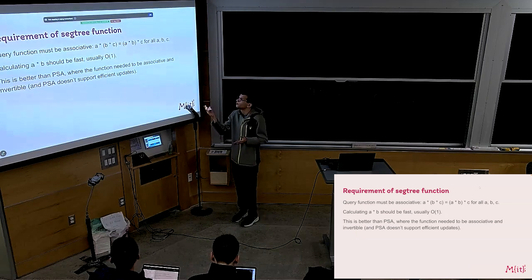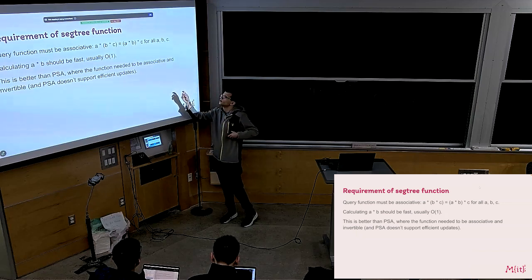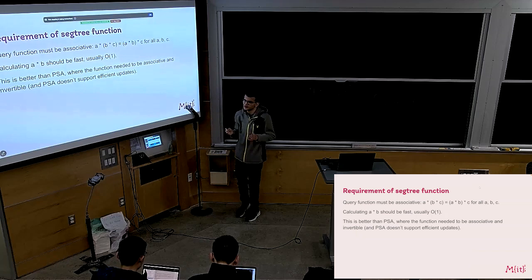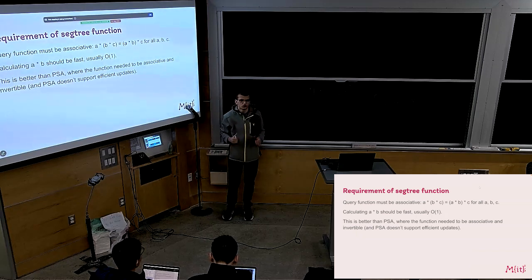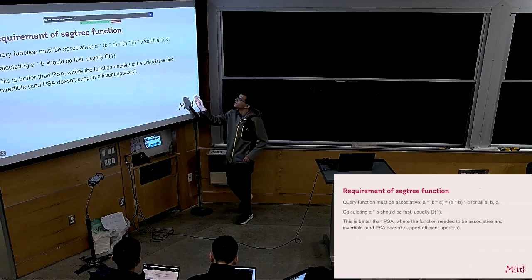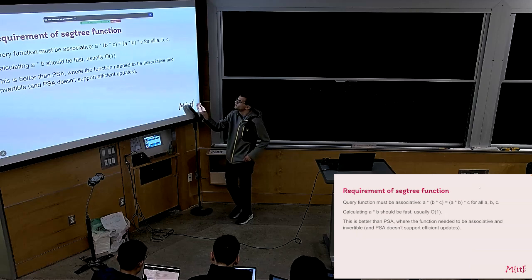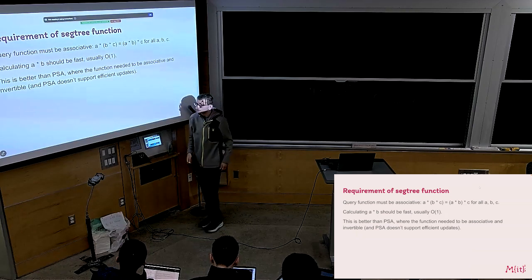You will notice that max satisfies that, addition satisfies that, XOR satisfies that, and lots of things satisfy it. That makes segment tree and also square root decomposition a lot more general than a prefix sum array, where we had the additional requirement that the function needs to be invertible to do the subtraction kind of thing.